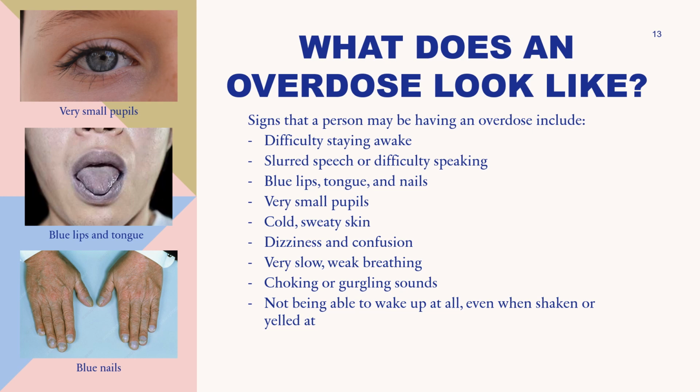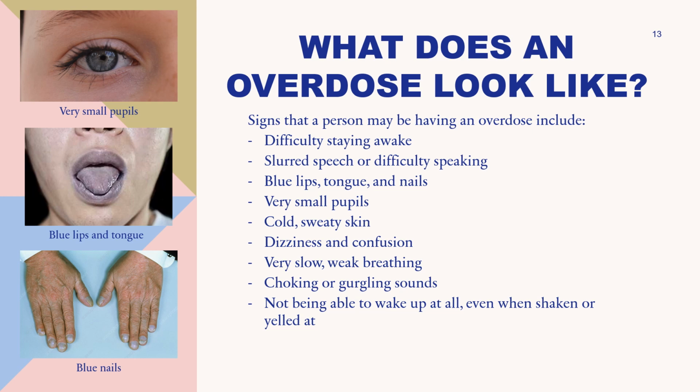So if someone's especially drowsy, not being able to stay awake, they're having slurred speech, if they're starting to go blue on their tongue, on their lips, on their nails, if they have very, very small pupils, we have some pictures of all of those symptoms at the left there. So you can see an example of what it looks like. They might have cold, sweaty skin.